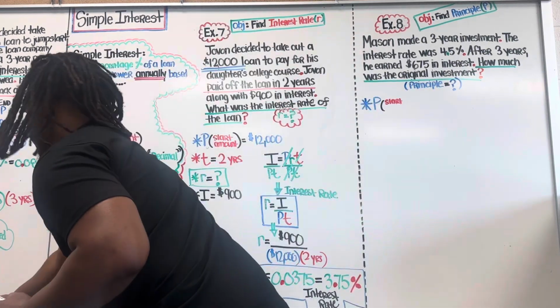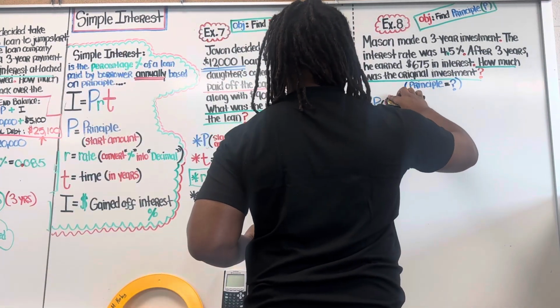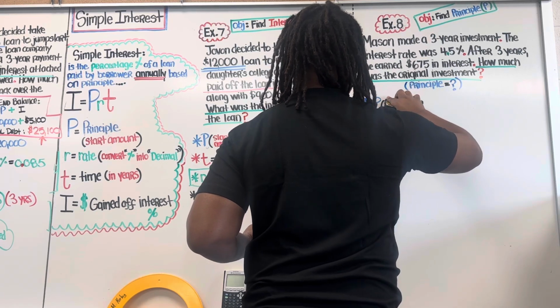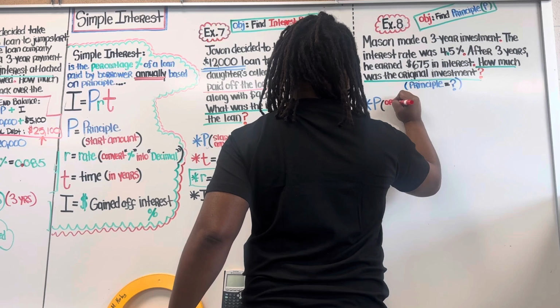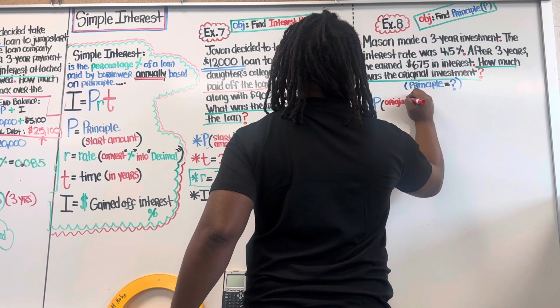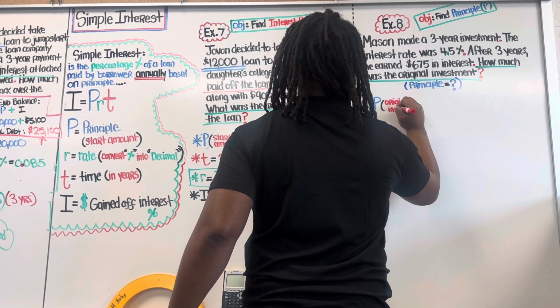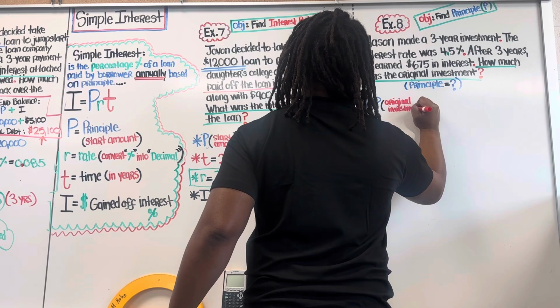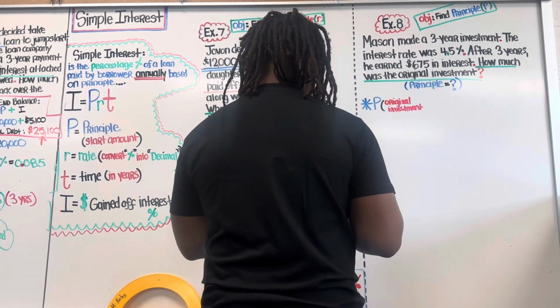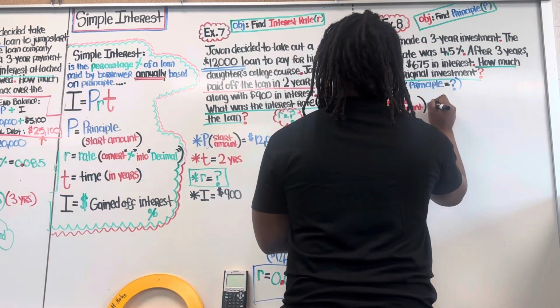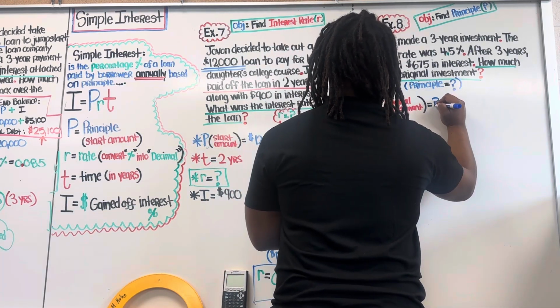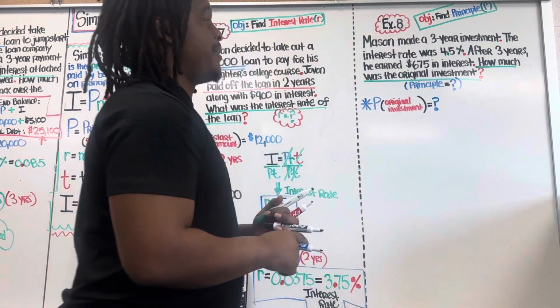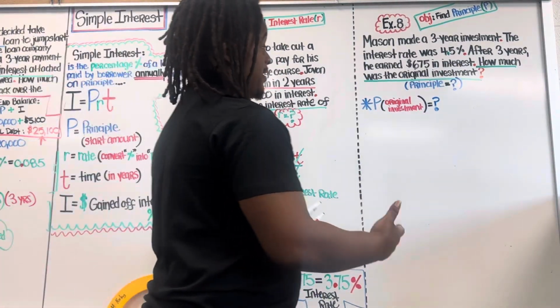I'm going to write what it says: in this case, P is the original investment. We don't know that yet, and we're trying to figure that out. But everything else, I believe they gave us.